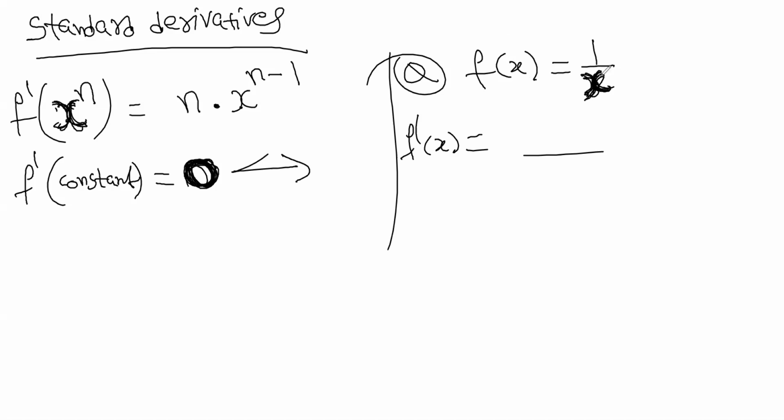So I can write 1 by x as x to the power minus 1. Is it correct or wrong? Yes, it is correct. In this form, x to the power n, so n is minus 1.